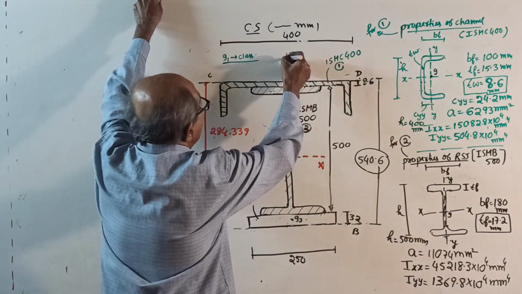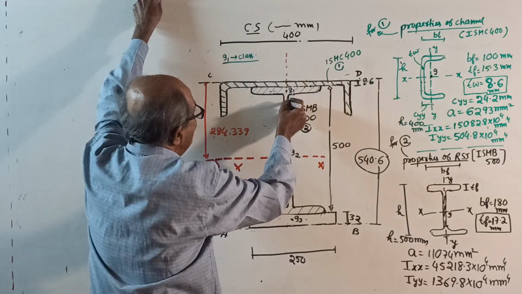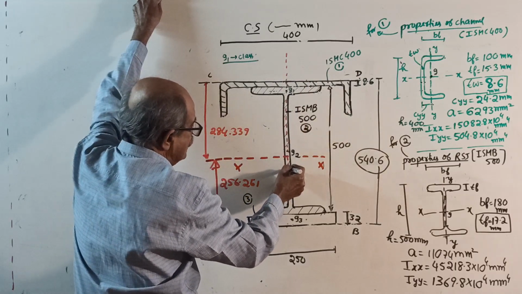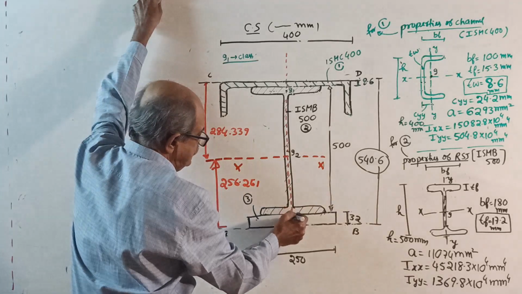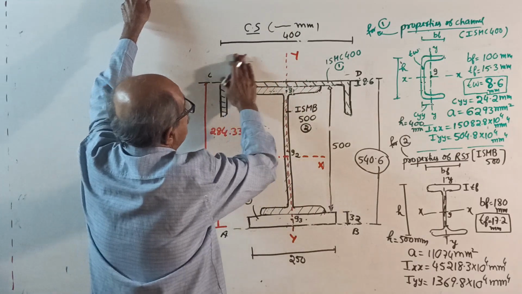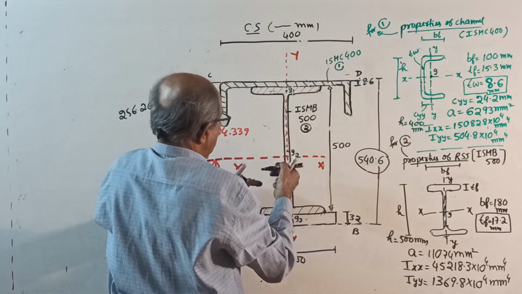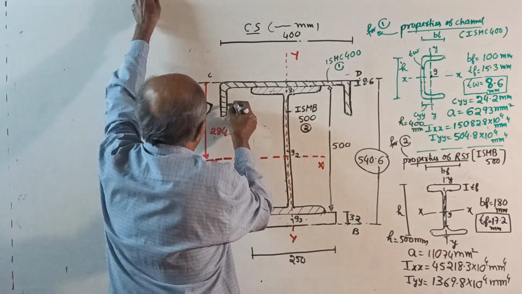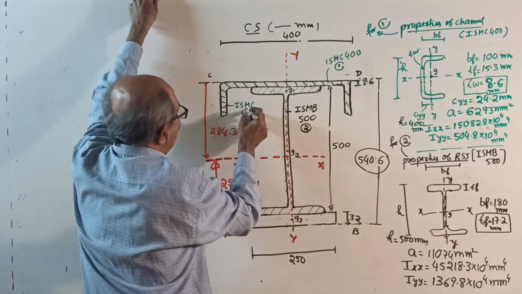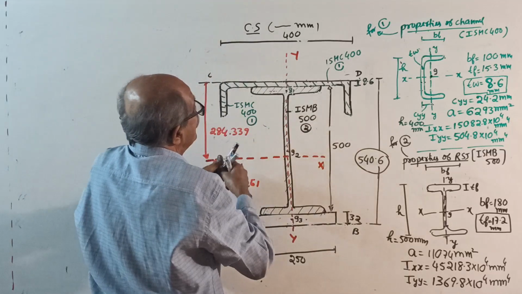Due to symmetry, y will exactly pass through G3, G1, and also through G2. This is y. This is your channel 1. This is ISMC 400.